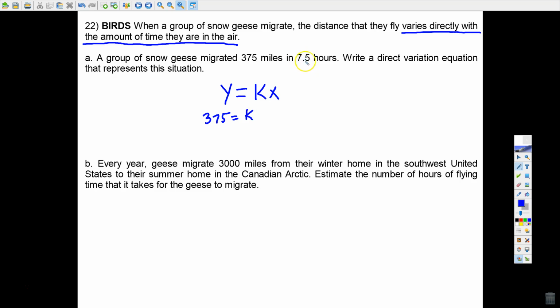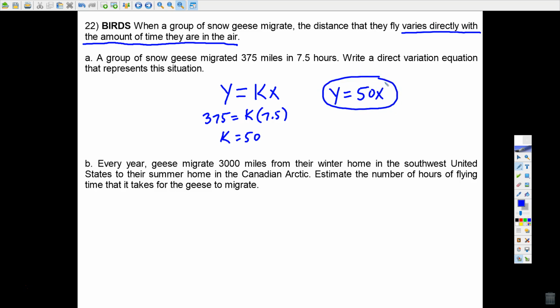And the amount of time they're in the air is x, and that will be 7.5. Okay, solving for k, grab our calculator, and we're going to divide both sides by 7.5, so 375 divided by 7.5 is 50. So that's our k value. And so our direct variation equation to model this situation will be y equals 50 times x.